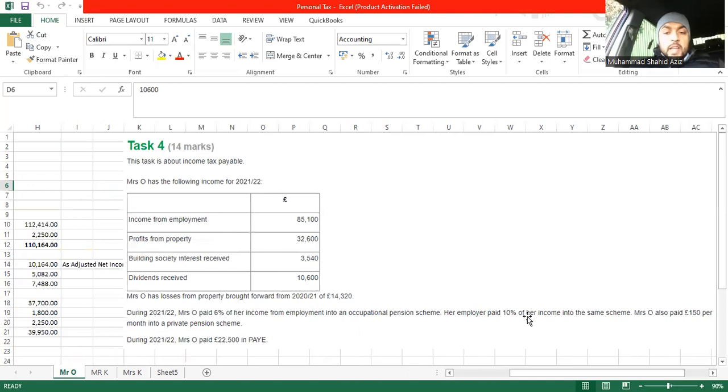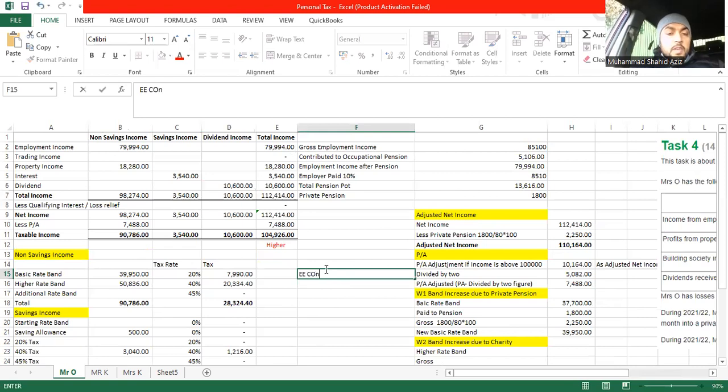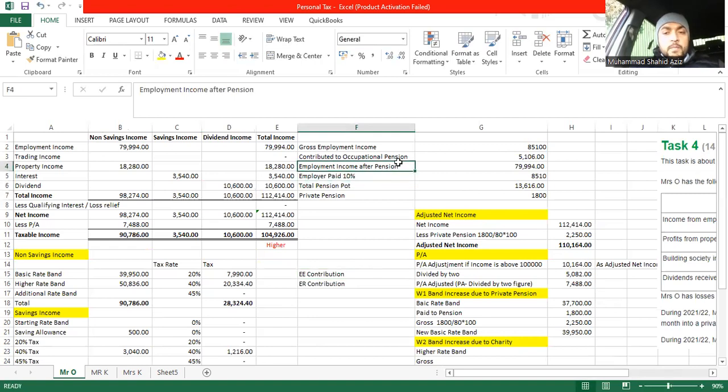Her employer paid 10% of her income into the same scheme. In the occupational pension scheme, there are two things. One is the EE contribution, which means employee contribution, and the other one is the employer contribution. The EE contribution we have already found here is 5,106 pounds, that is 6%.